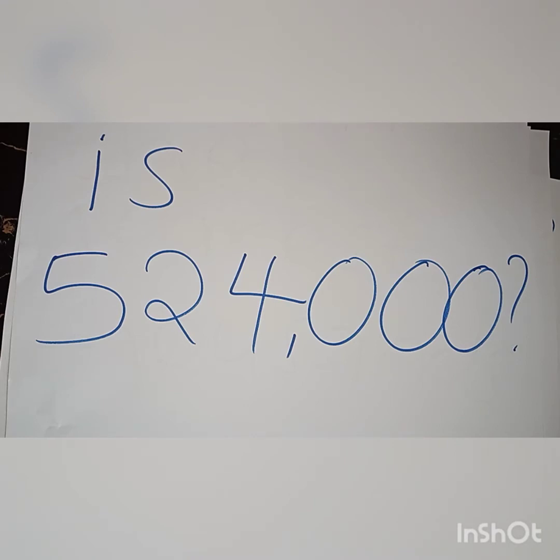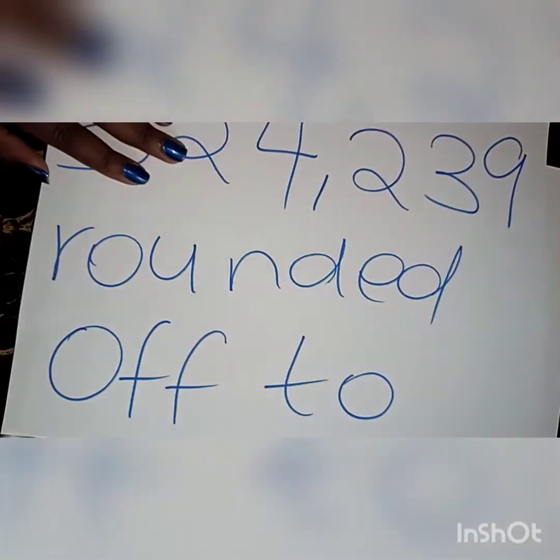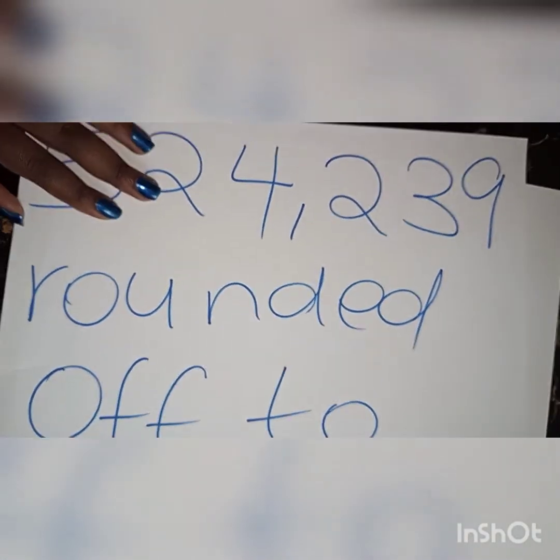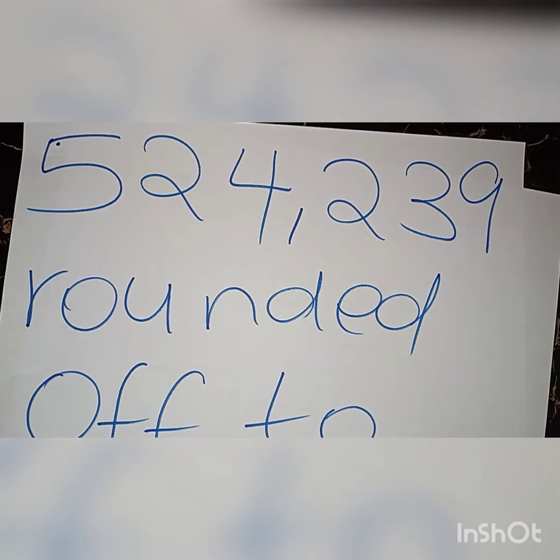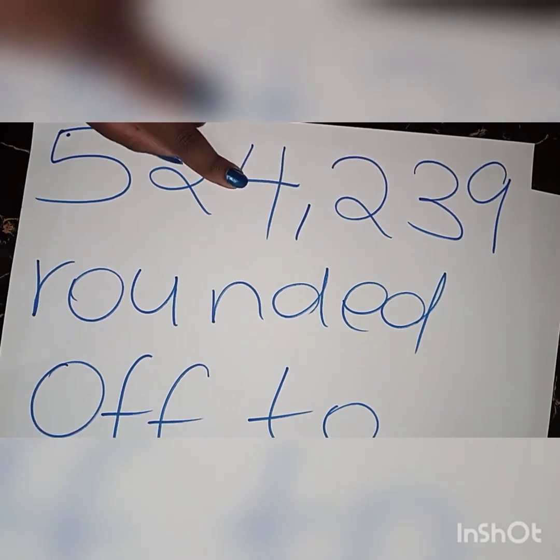Okay, so we'll simply round off this number to the nearest thousands and see what we'll get. So in our number, which digit has the place value of thousands? We have ones, tens, hundreds, thousands.